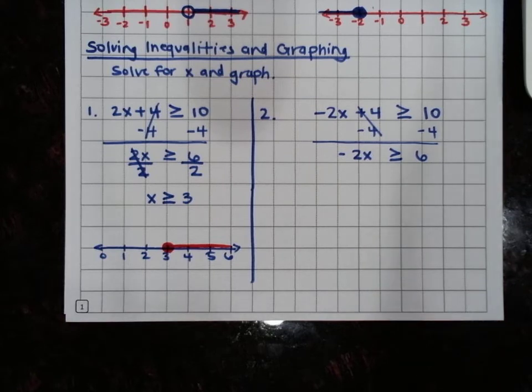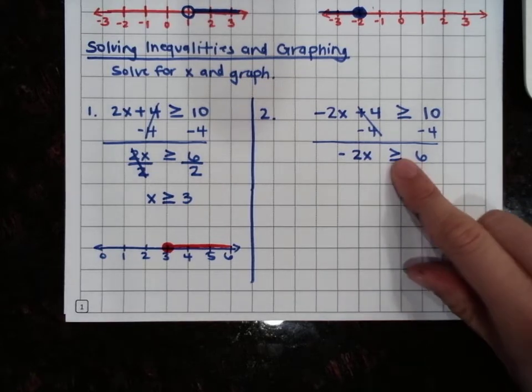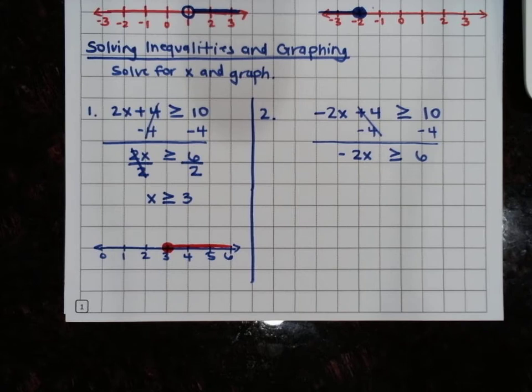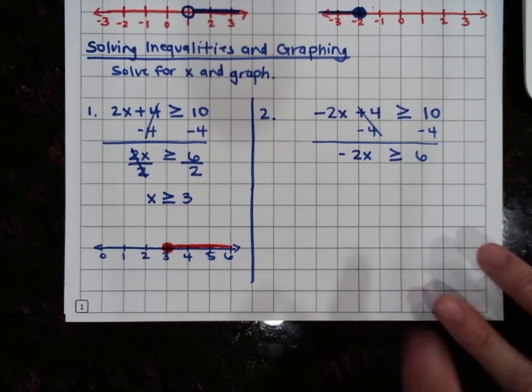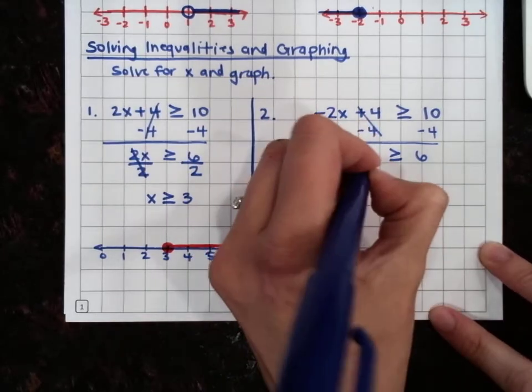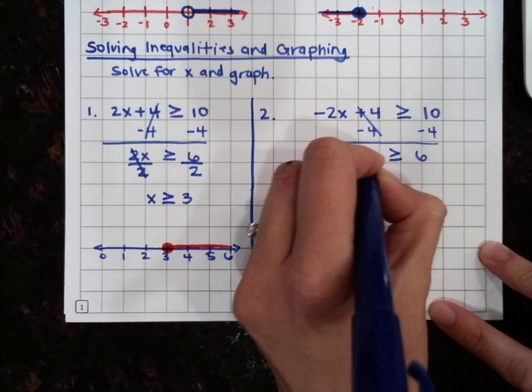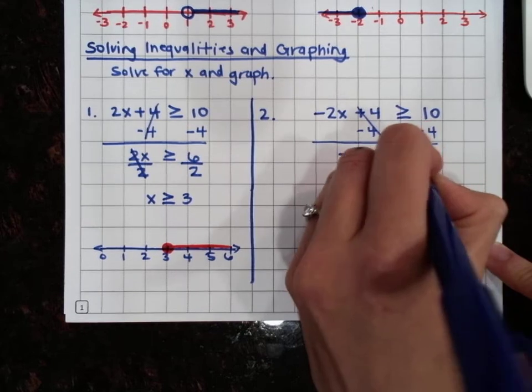Again, we're solving just like we would an equation, except this time it's an inequality. Here's the only part where it's different when you're solving an inequality. Right here, to get x all by itself, we're going to have to divide by a negative 2.